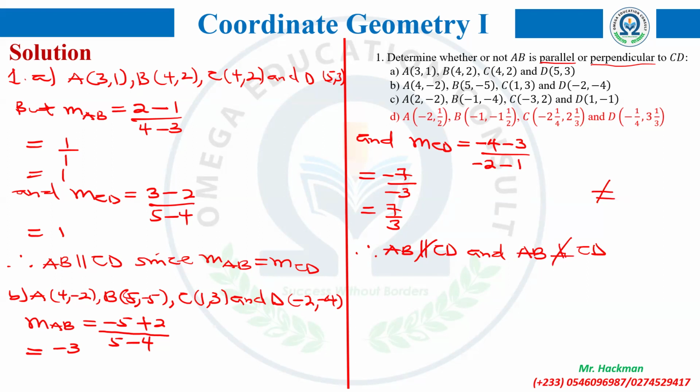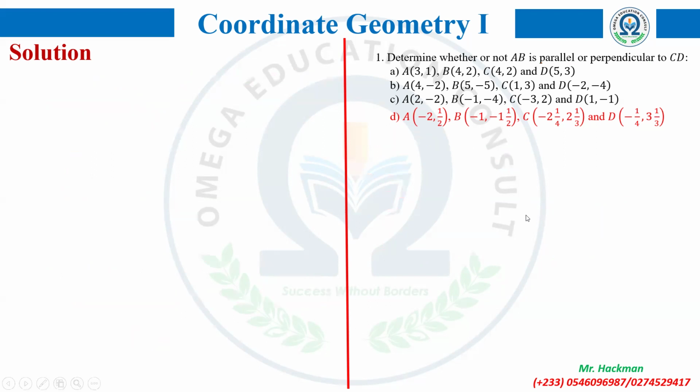That of the C, then the D. Okay, so what are we given? We are given A (2, -2), the point B (-1, -4), the point C (-3, 2), and the point D (1, -1).